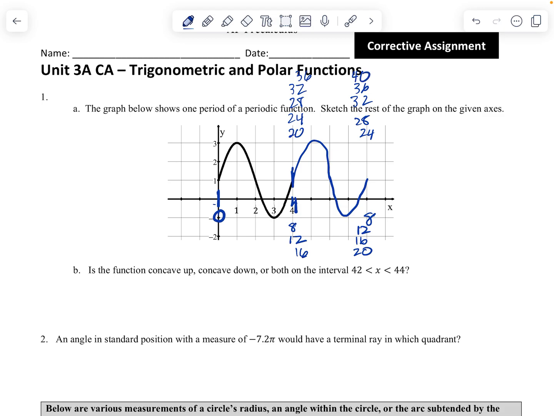So this would be 40, 41. So here's 42, 43, 44. So when we look at that, that would be concave up.